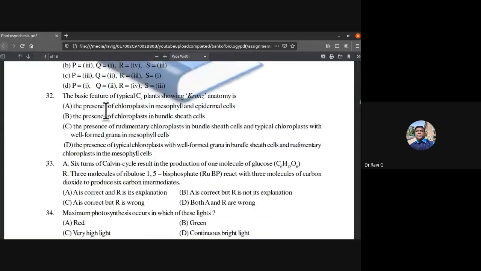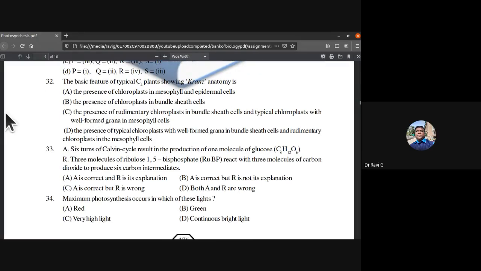32nd, the basic feature of typical C4 plant showing Kranz anatomy is, what do they have? The presence of chloroplast in mesophyll and epidermal cell. So now you already know Kranz anatomy means arrangement of mesophyll cells wreath-like around the vascular bundle. They'll also have bundle sheath cells.